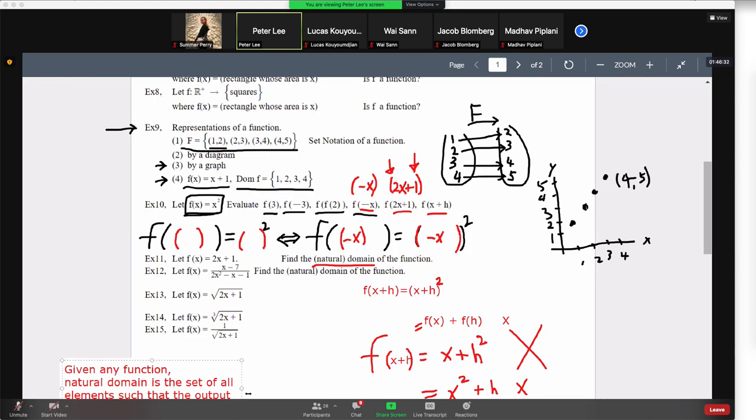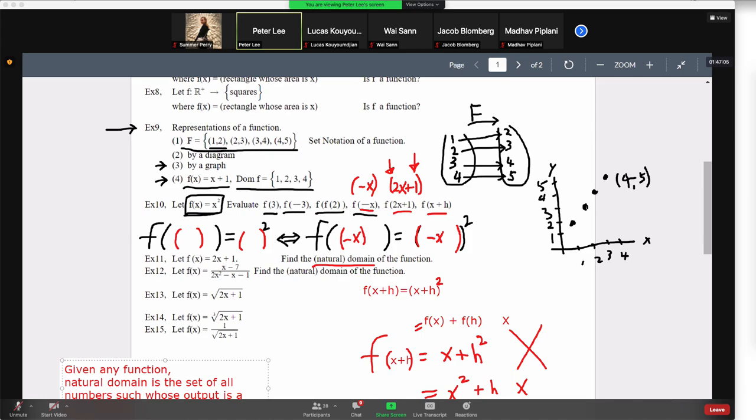So this is actually the key. In this case, instead of elements, let me just call them numbers, because we are actually going to consider numbers only. So given any function, what is a natural domain? The natural domain is the set of all numbers whose output is a real number.